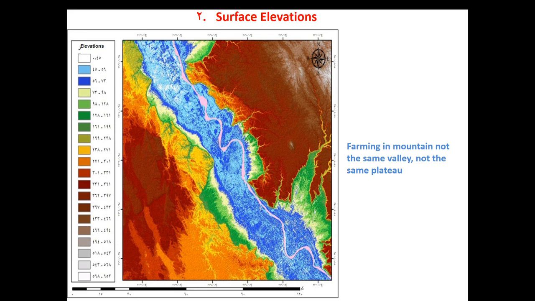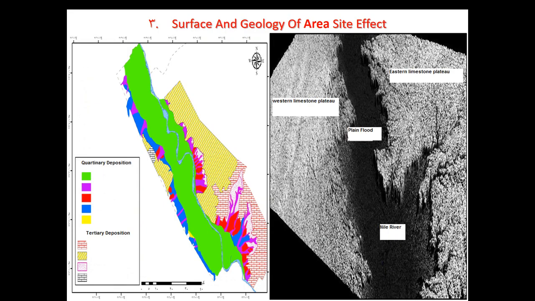You can see the difference between elevations in our area from east to west: the Nile, the floodplain, and the Eocene plateau. You see the low elevations along the Nile River. Now the geology of our area. Our area has two main geological formations.